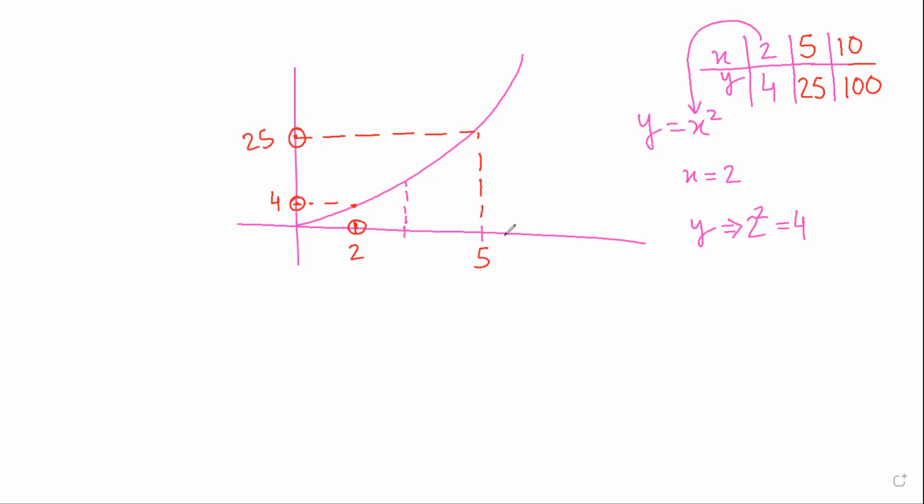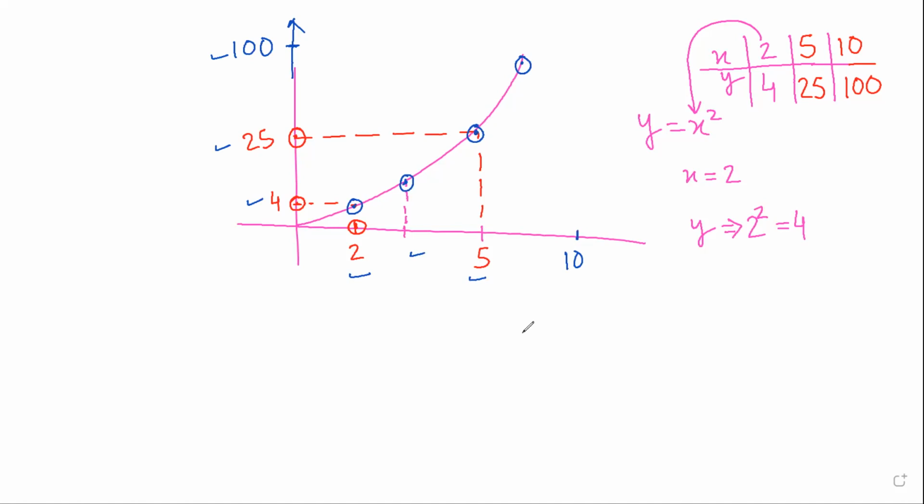If I put x is equal to 10 here, then the corresponding value on the y axis would be 100. Is it making sense? Yes, sir. Basically, you can take any point on this graph and have the corresponding y values also. All the corresponding x and y values would lie on this graph. Are we clear till here or not? Yes, sir. Okay, so we are comfortable with this.